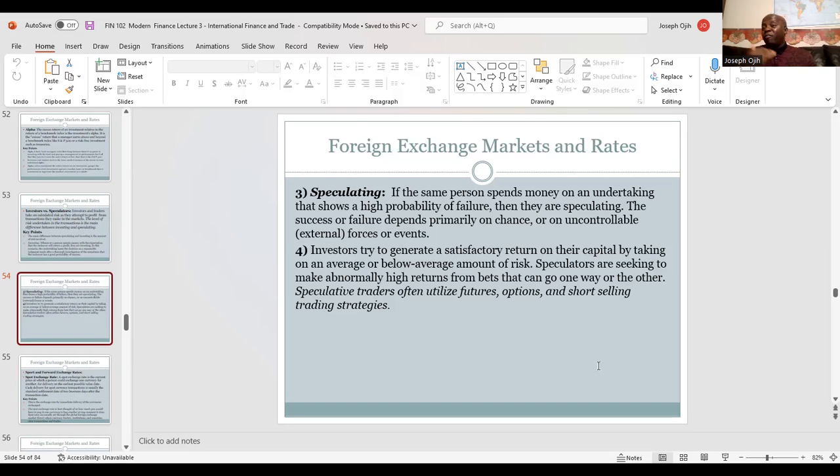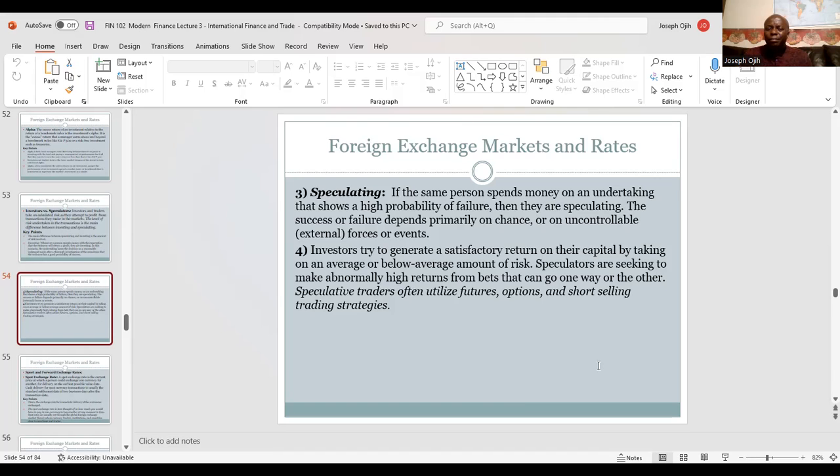But for some reason, they are convinced that it will go the other way. When they look at the profit they will make, they invest there. So when it comes to speculating, success or failure depends to a very large extent on chance or on uncontrollable forces of events.